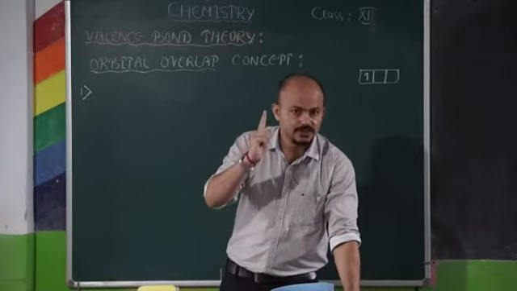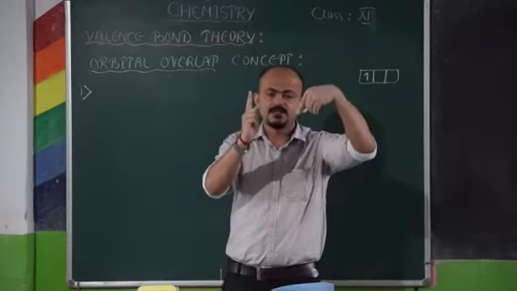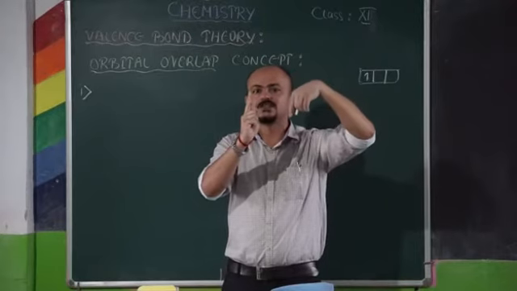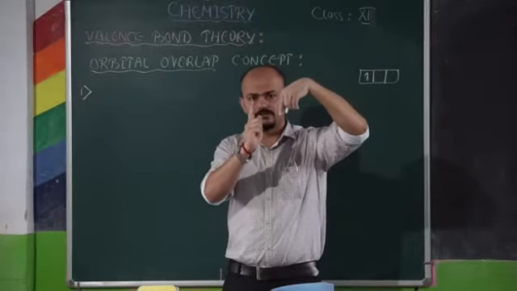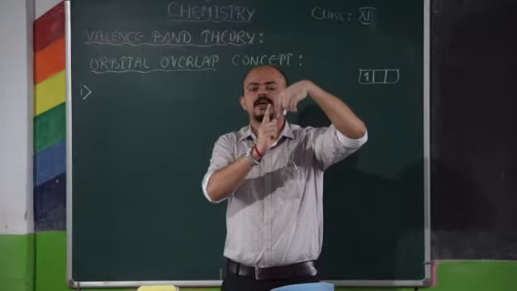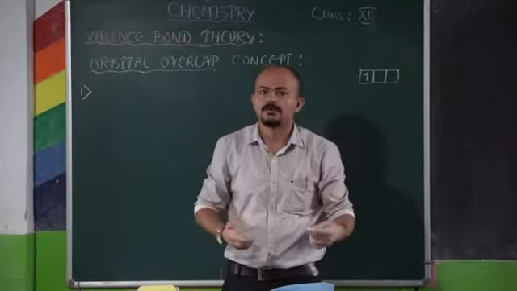One has to be pointing up, and the electron of the other atom has to be pointing in the downward direction. Whenever there is this possibility, they come together and form a chemical bond.